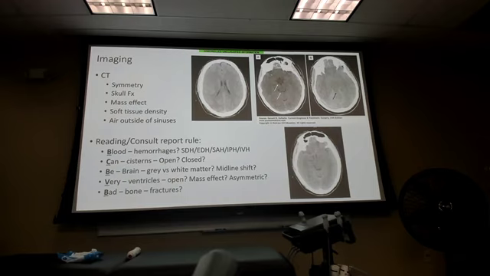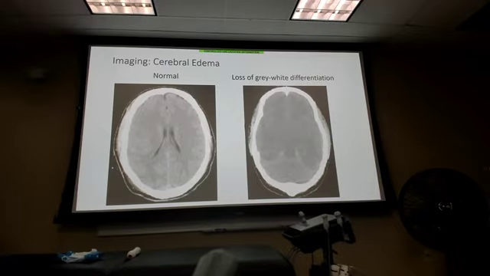So this is the order in which they want, and this is a good anagram to keep in the back of your head when you're looking at CTs, whether it's for trauma or looking for lesions or whatever. So I would know that. All right, so cerebral edema.